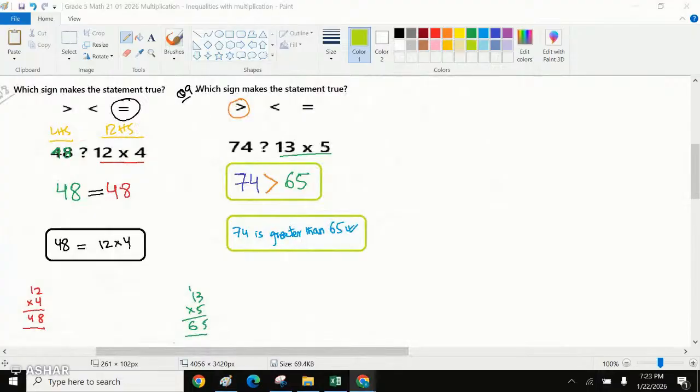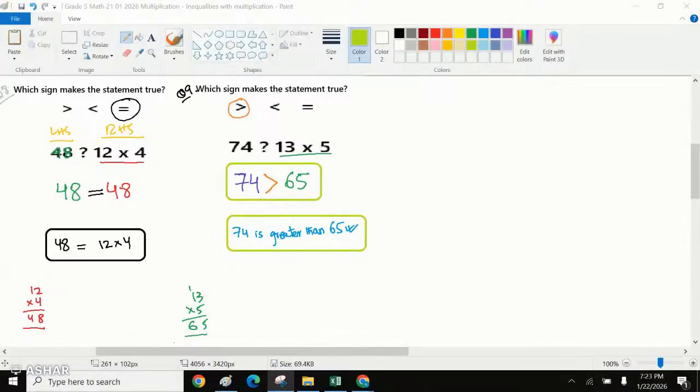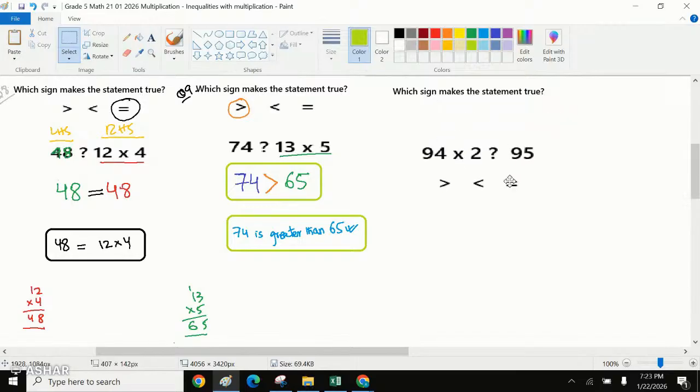Moving ahead with the next question. It says, which sign makes the statement true? 94 multiplied by 2 compared with 95. This is our question number 10.